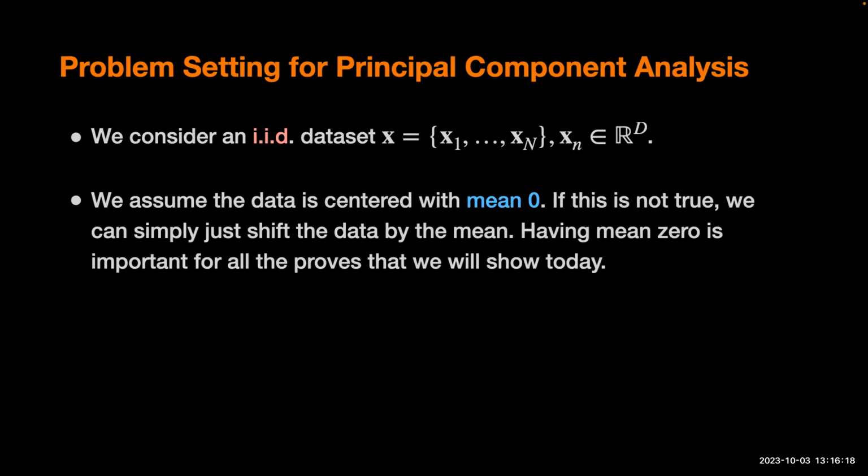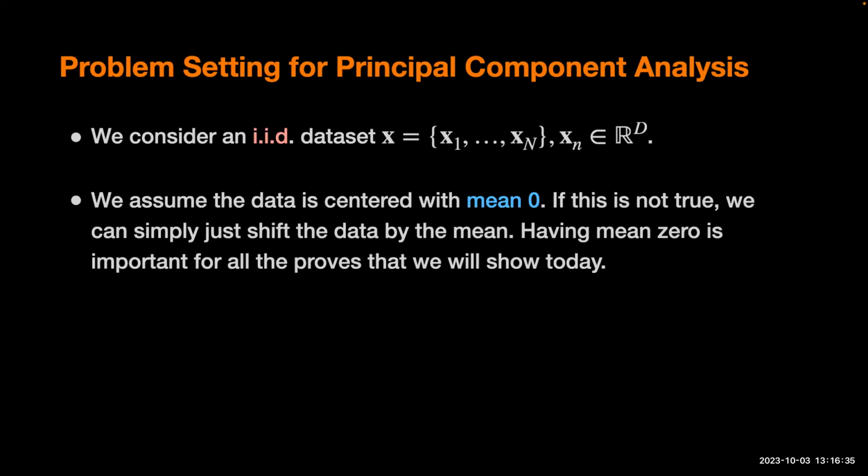So the goal here is that I have a bunch of X. And as we will see, it is always very practical for PCA, actually, you have to shift the data to mean 0 for some of the proofs that we will see today. So we will assume the data to have mean 0.